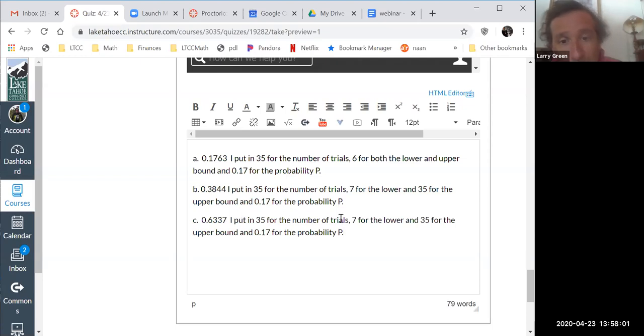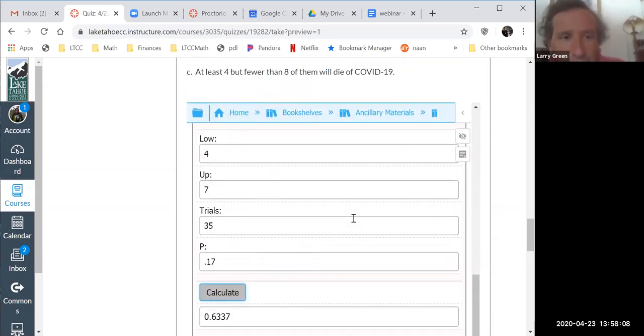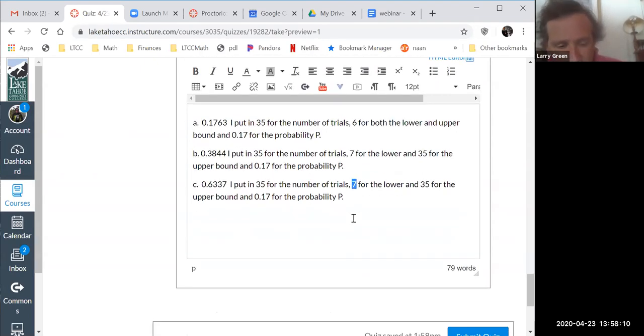So I put in 35 for the number of trials. Now I put in, let's look at it, 4 and 7. 4 for the lower and 7 for the upper. Okay, and 0.17 for the probability P. And there it is, that's the whole quiz.